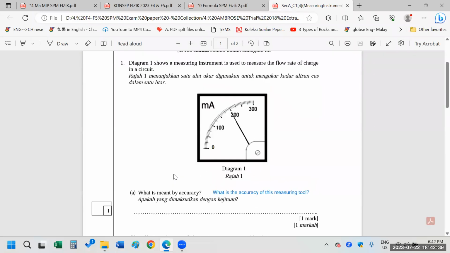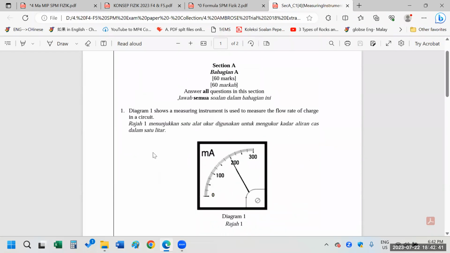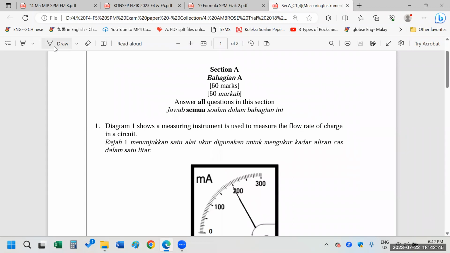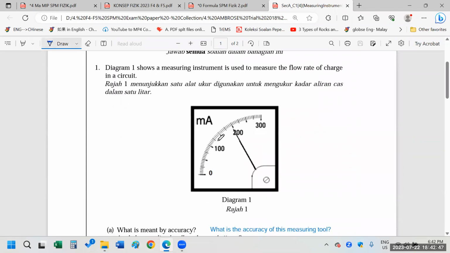This is a measuring instrument used to measure the flow of charge in a circuit. This is called a milliammeter.